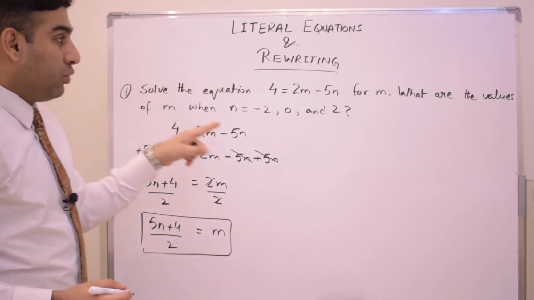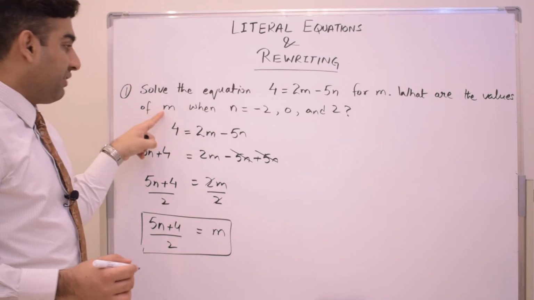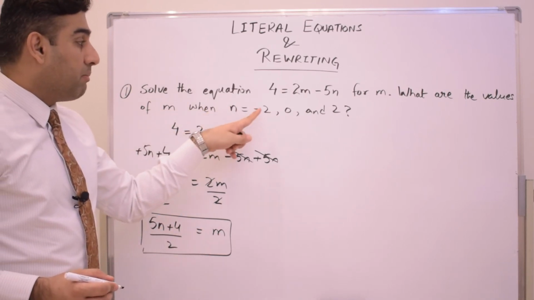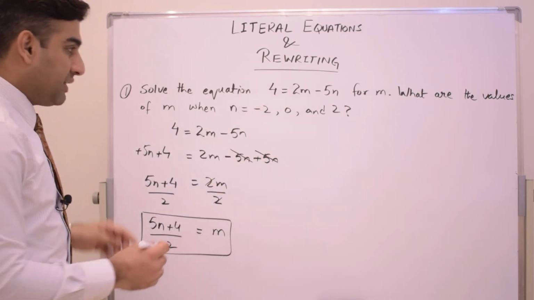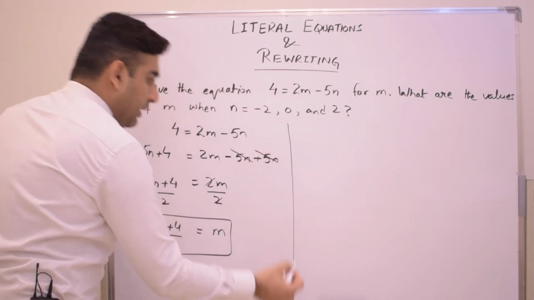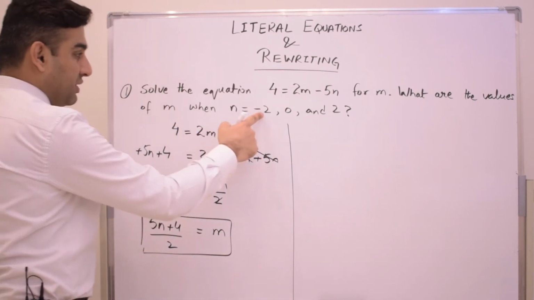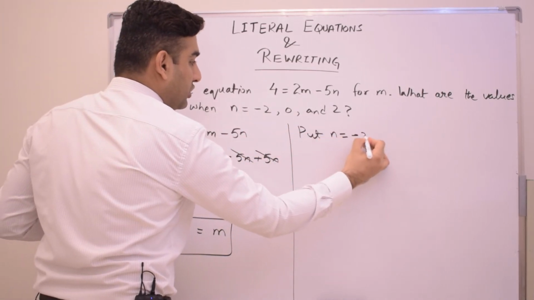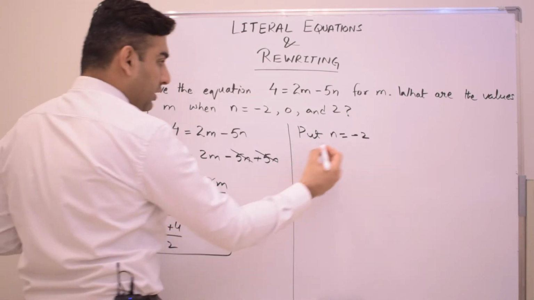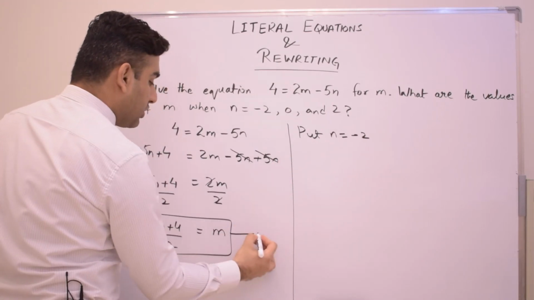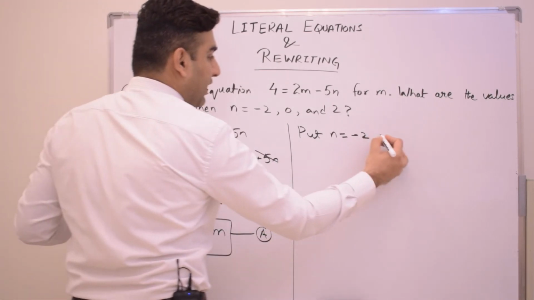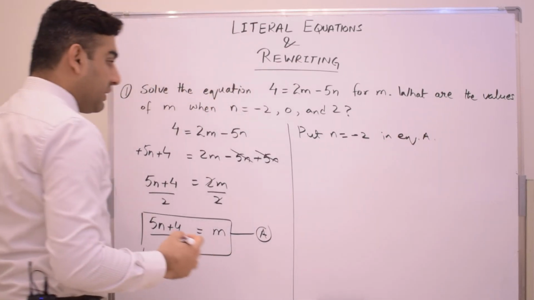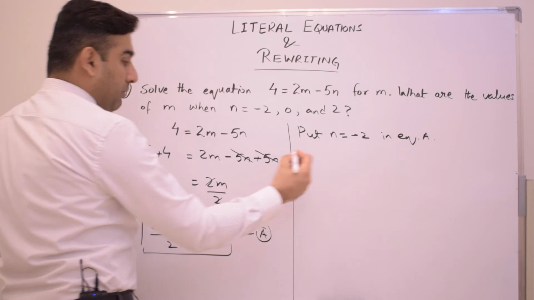Now what are the values of m? I have to calculate the values of m when n equals -2, 0 and 2. So in 3 steps I will put n equals -2 in this equation. Let this equation's name be a. So in equation a, I'm going to put n value -2 here.